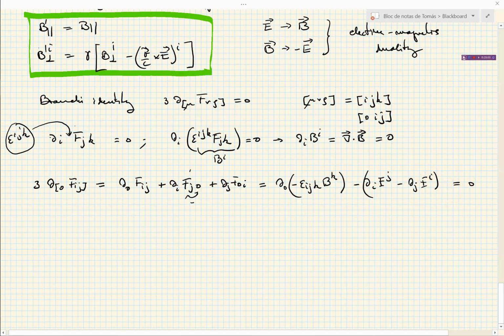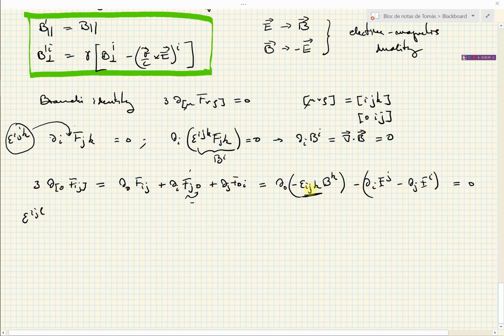Now we would like to get rid of this epsilon ijk. The best way to do it is just to multiply the whole thing by epsilon, so if I multiply this equation by epsilon, well, k has already been used, so I use l i j, or i j l, better because I have this in this order.